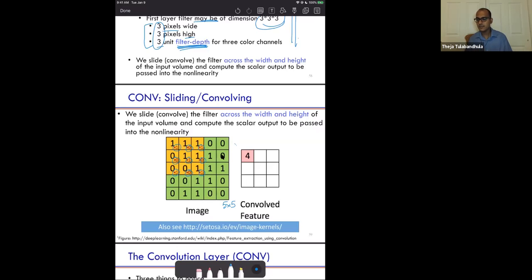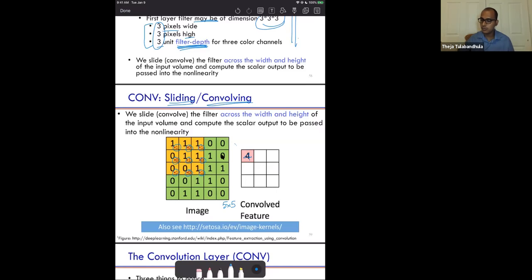What I'm going to do is this convolve, or sliding, operation to produce one number. I take these 9 numbers, put them at the top left of the image, do an element-wise multiplication, and sum those numbers. That happens to be 4 here.